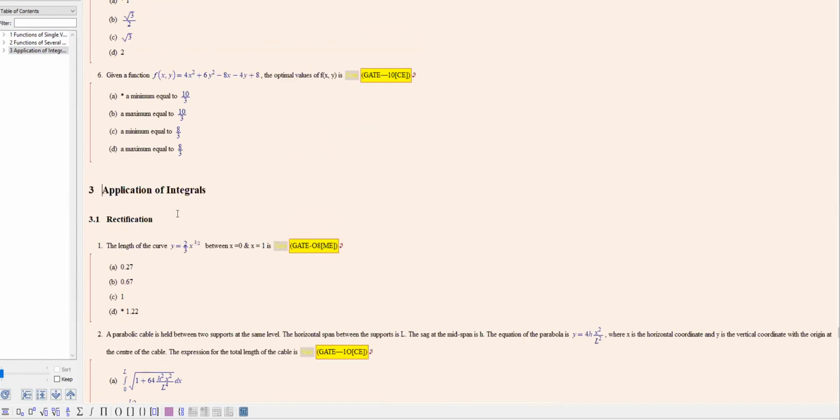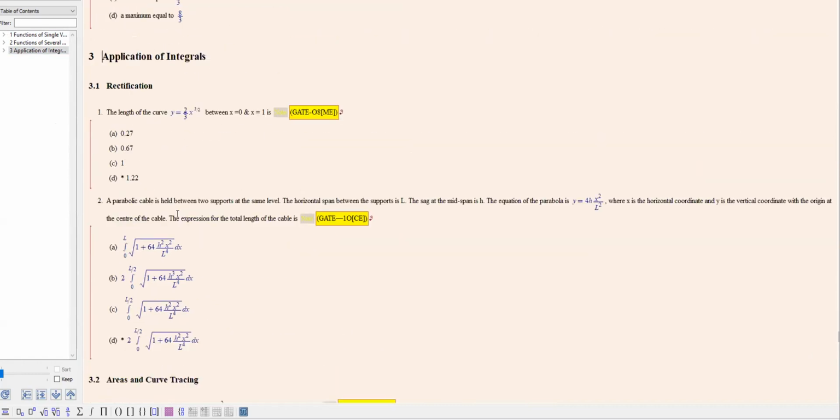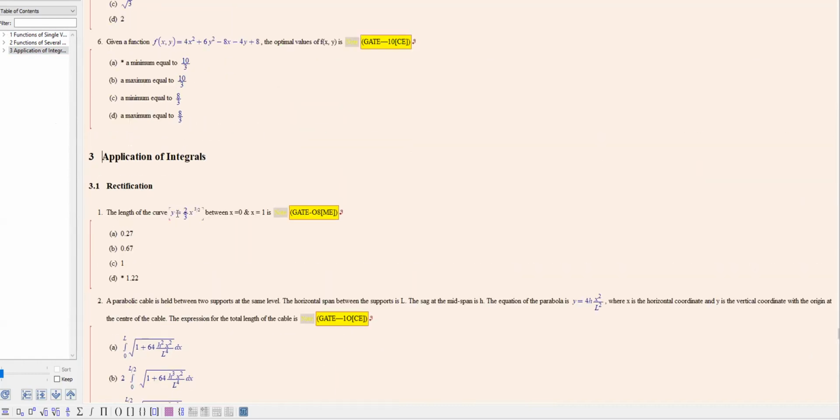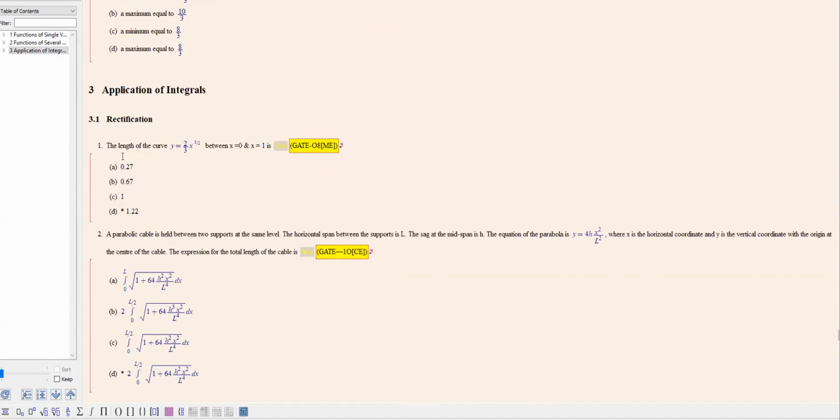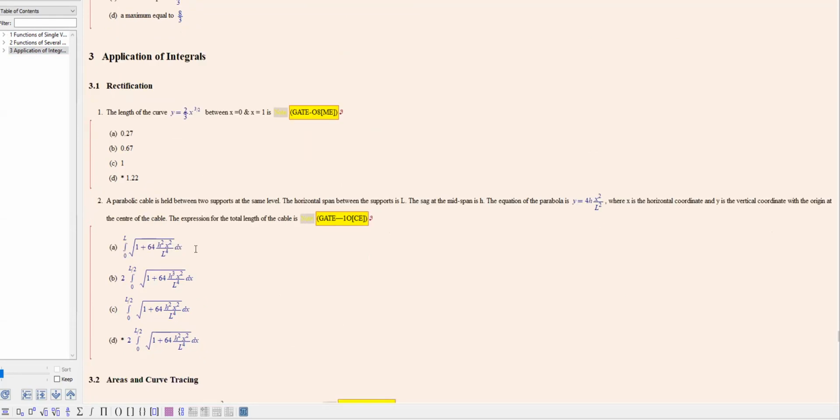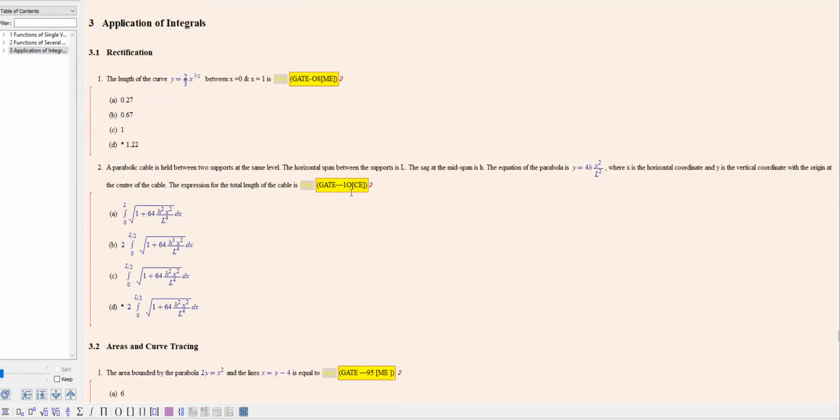There were questions. There are recent ones which I'll give you in tests in the last 5 years. This is prior to that. See, find the length of the curve. This is a function of a single variable. Again, of course, this is for civil engineering.